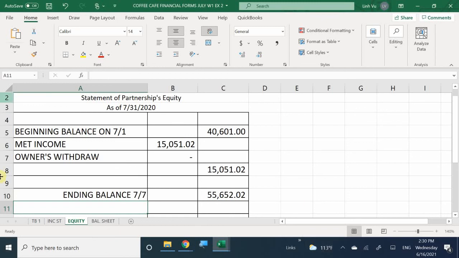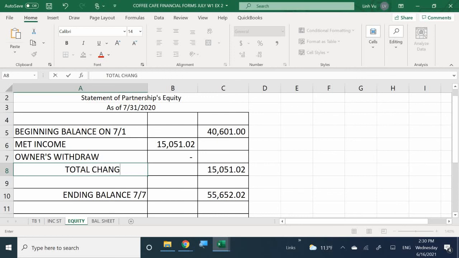Okay, so I guess I could put right here, total change in equity. Right?